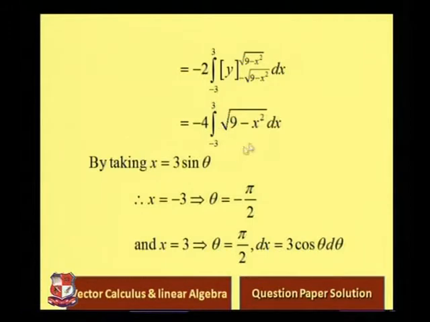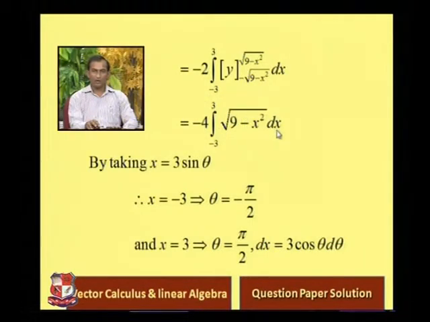Now another integration with respect to x. To solve this, take x equal to 3 sin theta. Substitute 3 sin theta and change the limits: taking x equal to minus 3, we get theta is minus pi by 2. Similarly, substituting x equal to 3, we get theta is pi by 2.